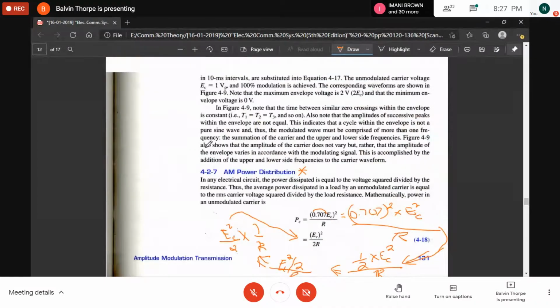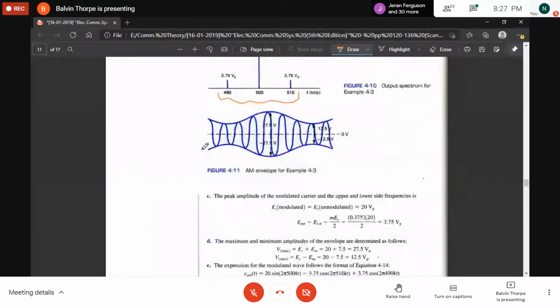Remember, we proved before that the expression MEC over 2 is what we can use to represent the voltage in one of the sidebands.